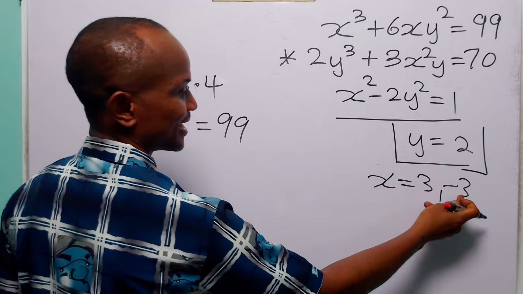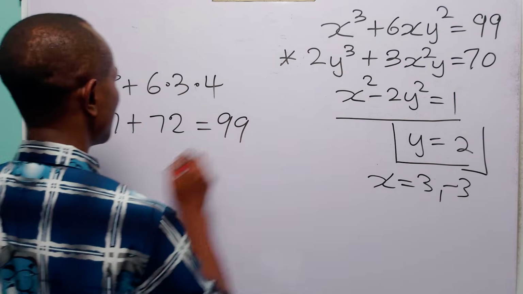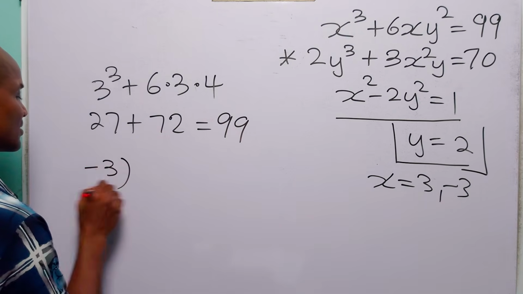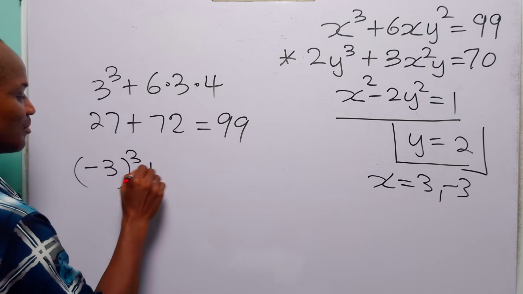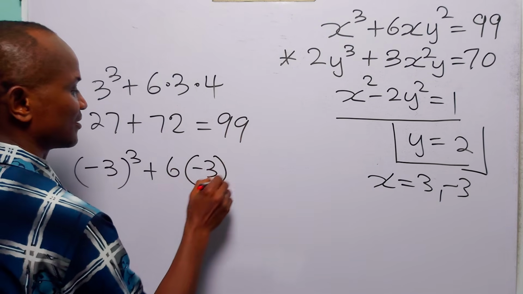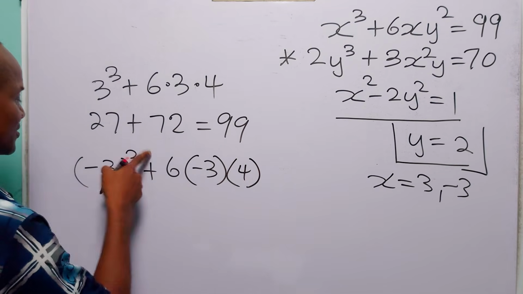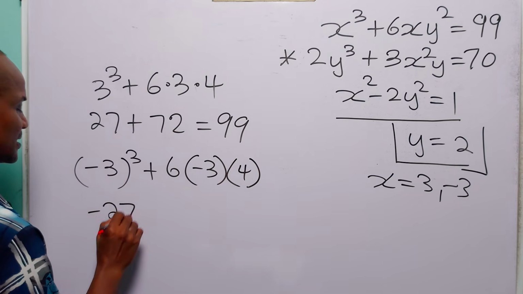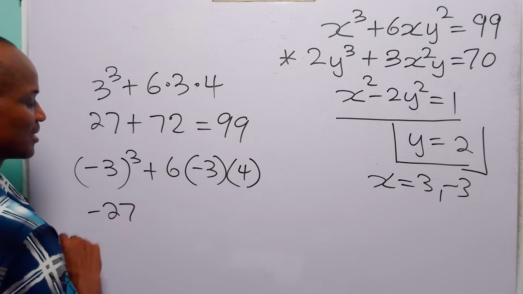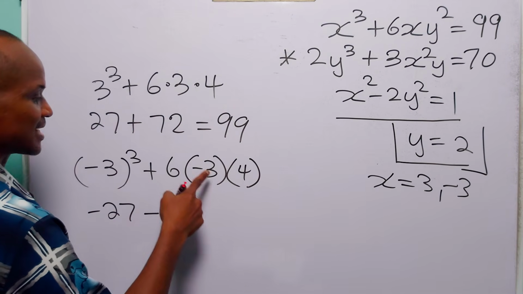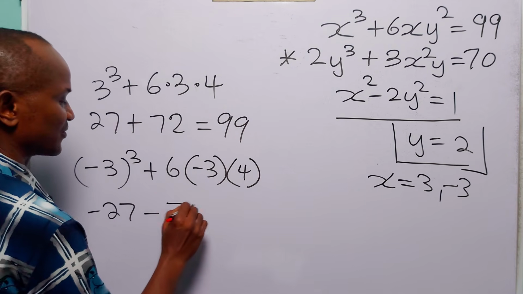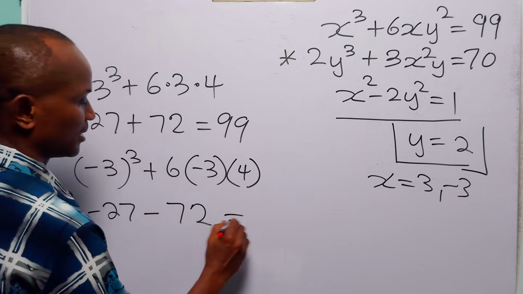Now, when x is equal to minus 3, then here we have minus 3 cubed plus 6 times minus 3 times 4. Minus 3 cubed is minus 27. Minus plus is minus. 6 times 3 times 4 is 72.